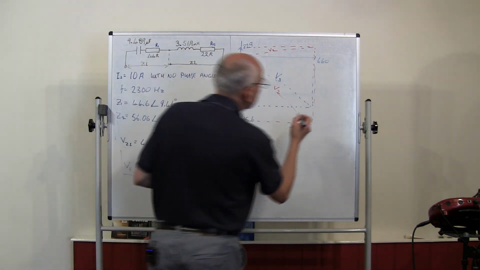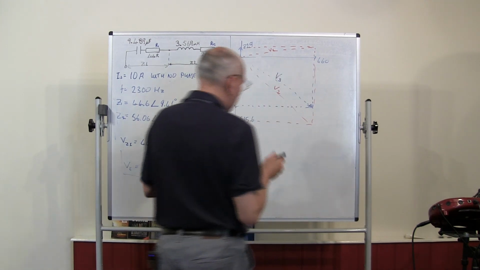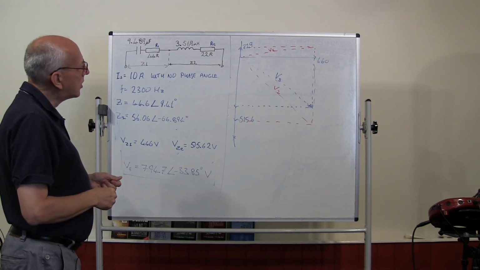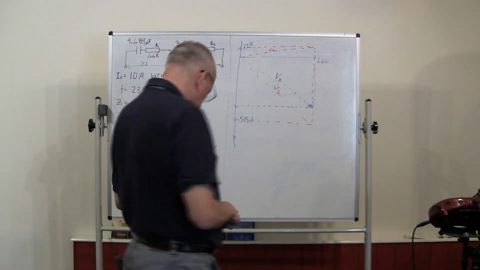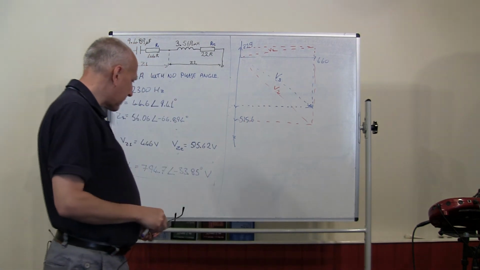Okay, which is that one. Like that, like thus. Okay, so that's a very scruffy version of the vector diagram. It gives you an idea what it's going to look like. Okay, and I think I've covered all the peculiarities of that question.